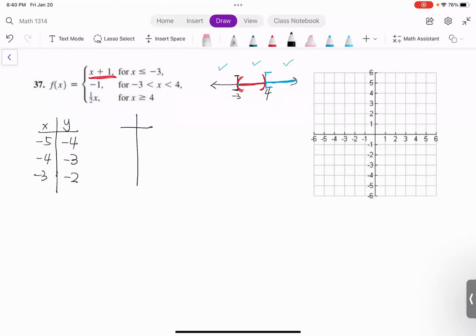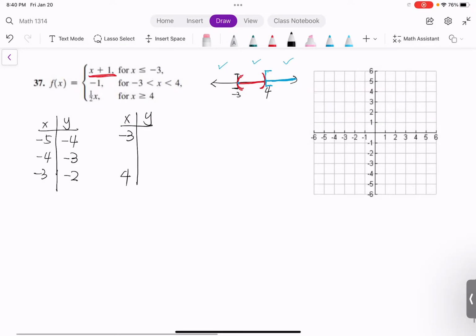Let's see the second interval. For the x values, I must choose -3 and 4, because these 2 points are the must-choose points. And in the middle, I can choose any point. I can say 0, because 0 is between -3 and 4.